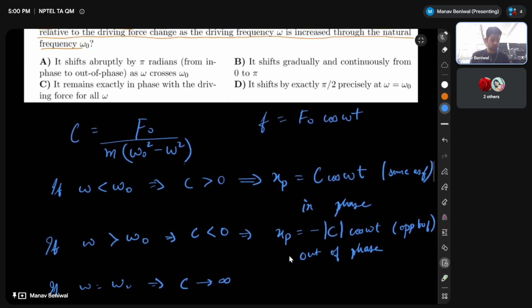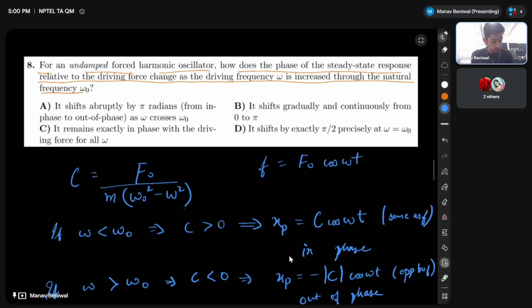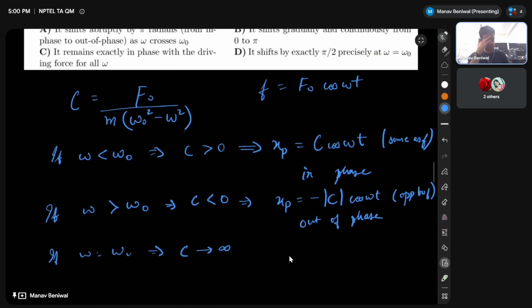Now what the question says is, how does the phase of the steady state response relative to the driving force change as the driving frequency omega is increased? So you can see we are increasing omega.